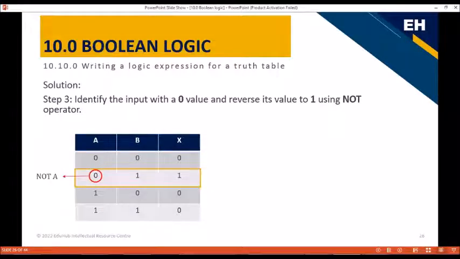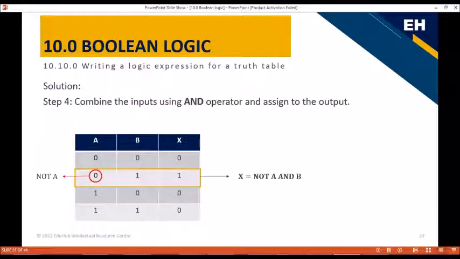Now, the next step we're going to do, you will know why we have to make use of the NOT gate to reverse this. In the next step, I shall let you know why we have chosen to do this. Okay.